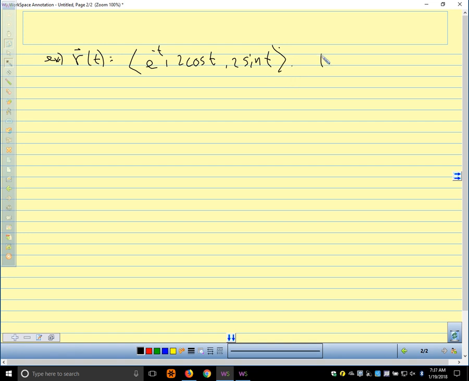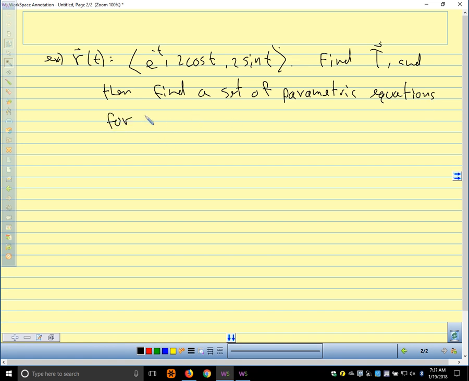We want to find our unit tangent vector, find T, and then find a set of parametric equations for the tangent line at t0 equals 0, and then approximate r of 0.1.